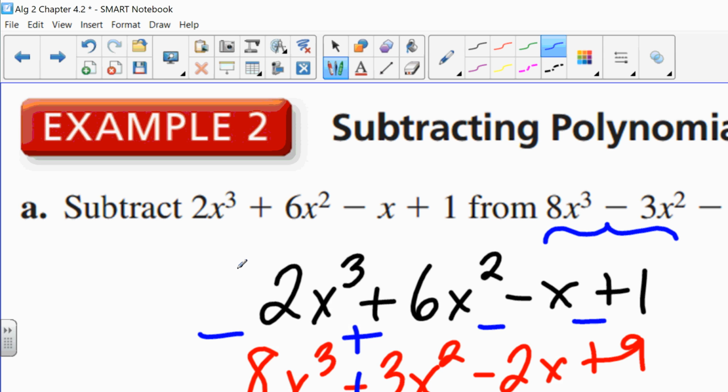Then we move on to the next one, negative x minus negative 2x. Well, the negative and negative would make a positive, which would give us plus x, because negative x plus 2x would be positive x. And lastly, 1 minus 9 is negative 8. And that would be our answer.